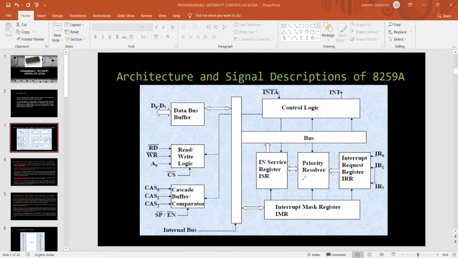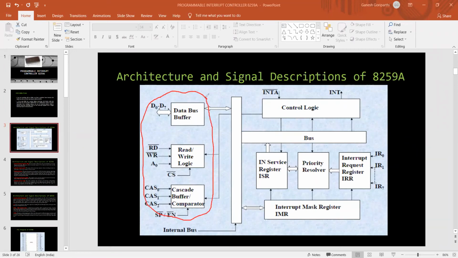See, if you see this architecture here, we have different blocks. Always keep in mind this side of any particular interfacing device that we are discussing.